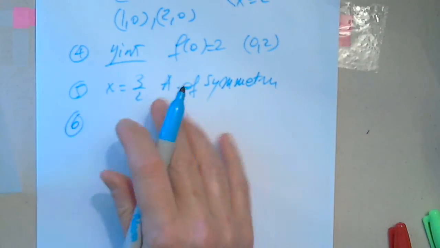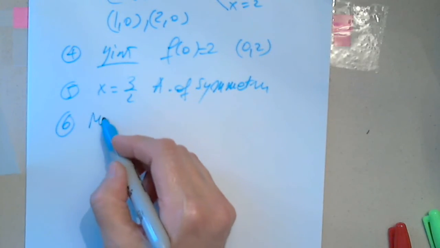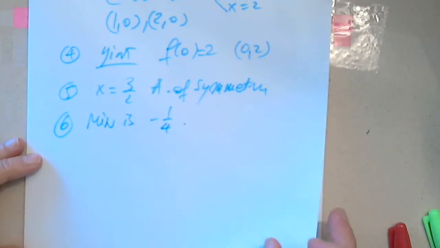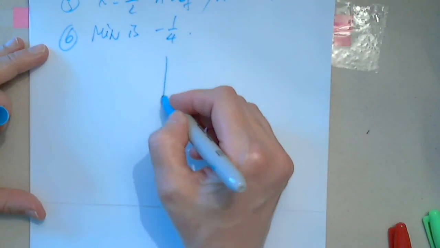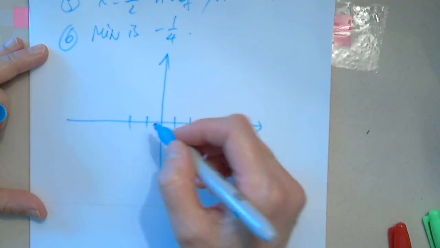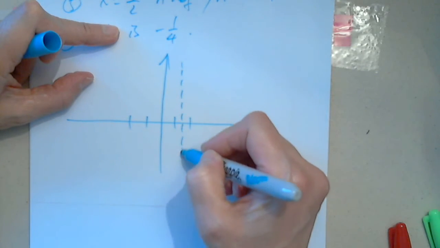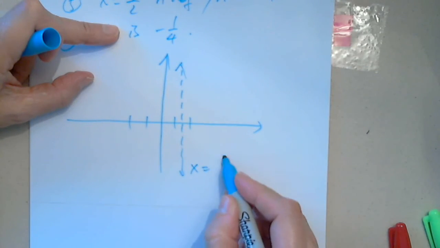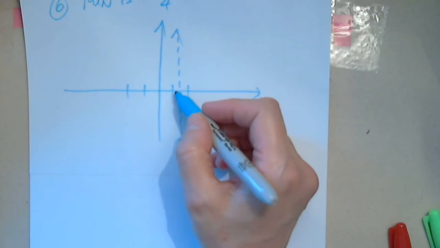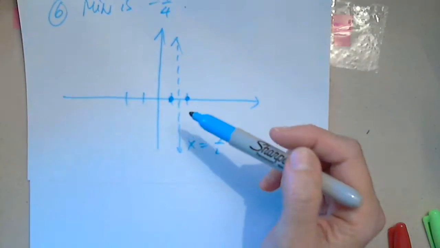And then 6, because I already have 7 here, I already wrote the range. And 6 is the minimum. Min is negative 1/4. So all I have to do is just put everything together. So 3/2 is 1.5, so that would be the axis of symmetry. And then I have 1 comma 0 and 2 comma 0, and I have 0 comma 2.